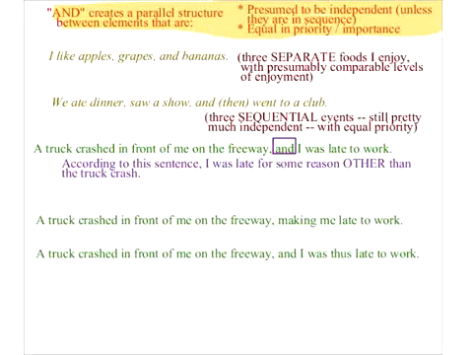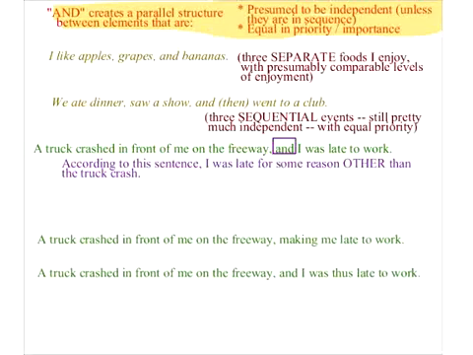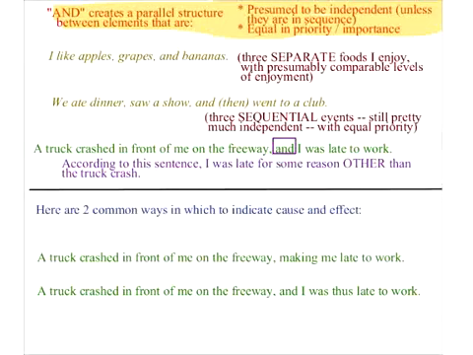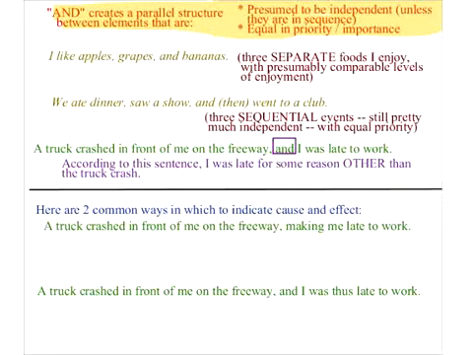If you want to actually imply that there is cause and effect, there are a couple of ways that you can do this. These are not the only two, but they are two of the more common ways. The first is to use a modifier.